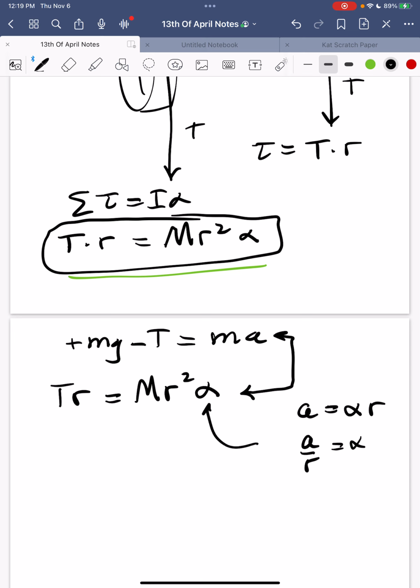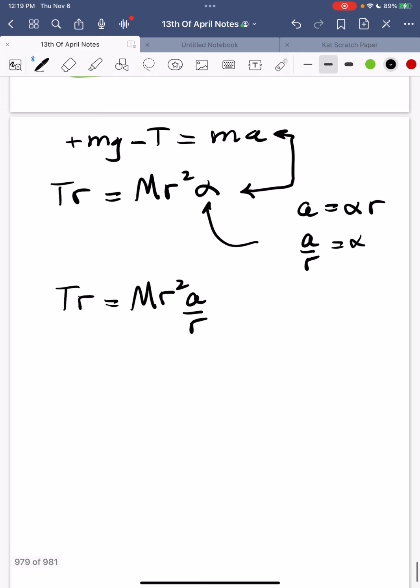If I do that, then I'm going to have tension times r equals capital M, that's the mass of the hoop, times its radius squared times a over r, like that. Now I can grind this equation down a little bit more and simplify. If I divide both sides by r, what I'm going to get is tension equals M r squared a over r squared.